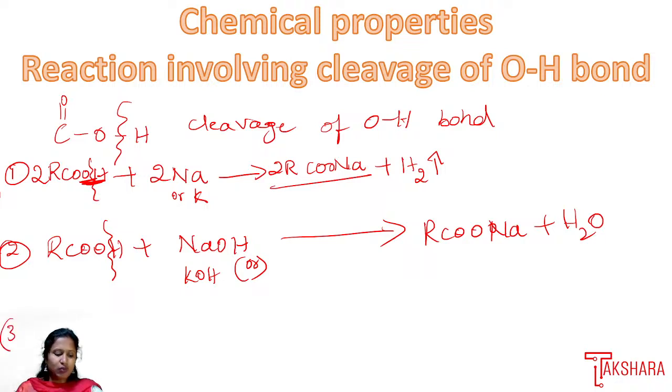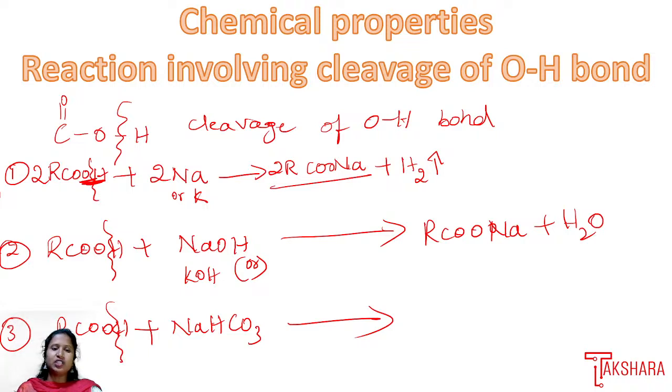And if we consider one more reaction, when carboxylic acids combine with sodium bicarbonate NaHCO3, again the cleavage between oxygen and hydrogen takes place, and we will get the product RCOONa.